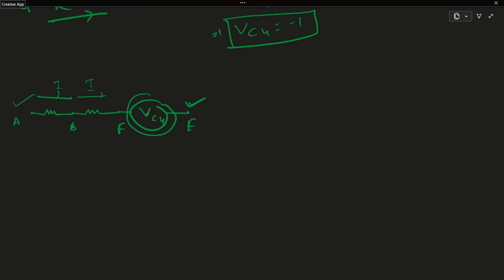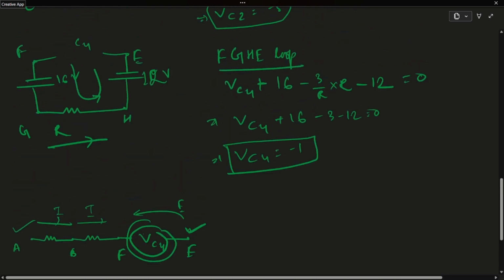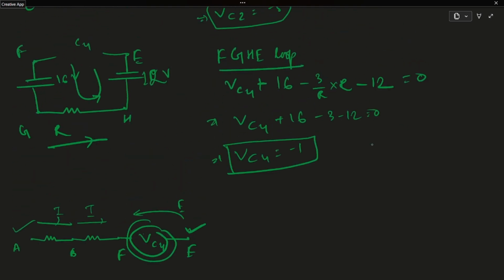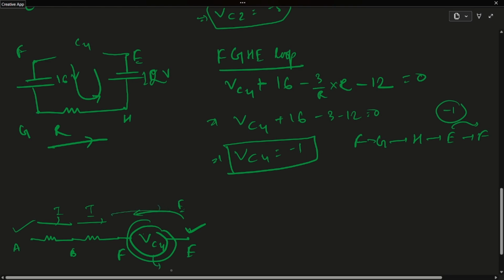In the previous loop FGHE, we went first F to G, then G to H, then H to E, then E to F. When we go from E to F, there is a voltage drop of minus 1. We will now move from F to E, so this voltage will be plus 1.